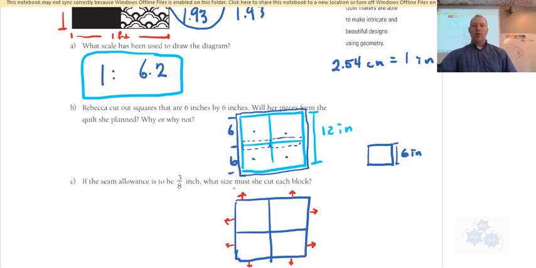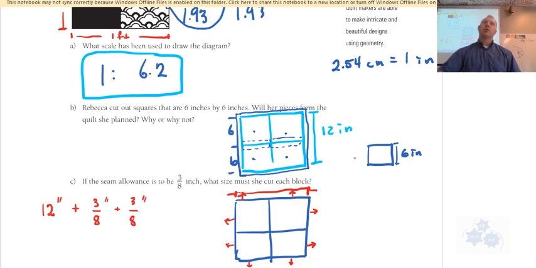So if this block has to be 12 inches exactly, she needs 3/8 on one side and 3/8 on the other. So 12 inches plus 3/8 of an inch plus another 3/8 of an inch. Okay. So we add the 3/8 of an inch twice. That's right.